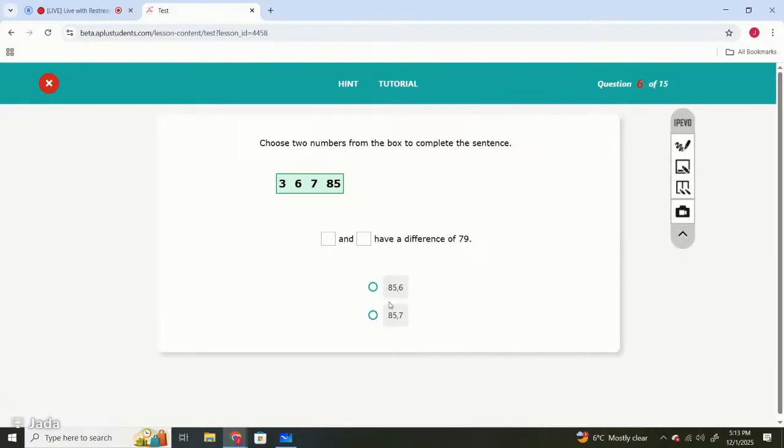That is 85 minus 6. Option number 1 is the correct option. Choose two numbers from the box to complete the subtraction sentence. So, which is the correct option?